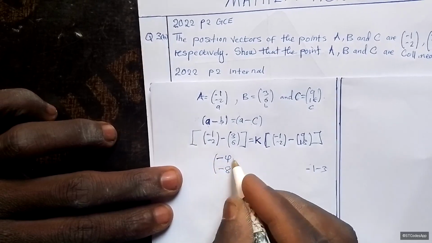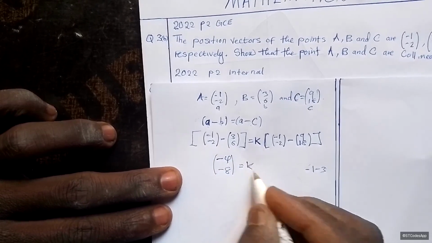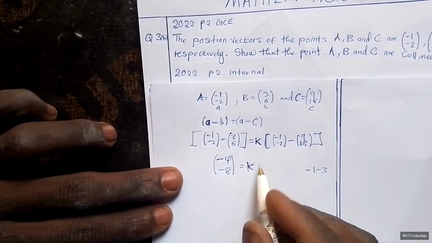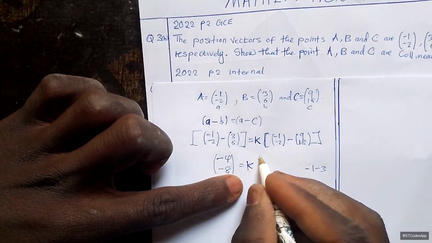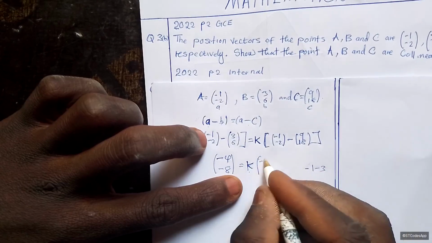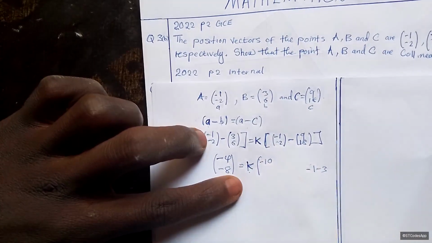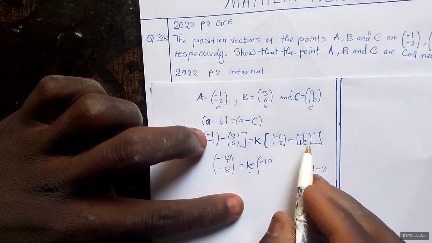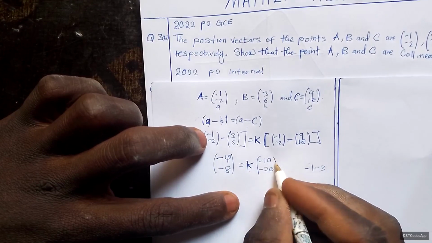So (-4, -8) is equal to k times, and doing the same, negative 1 minus 9 I'm going to get negative 10, then negative 2 minus negative 18, I'm going to get negative what?